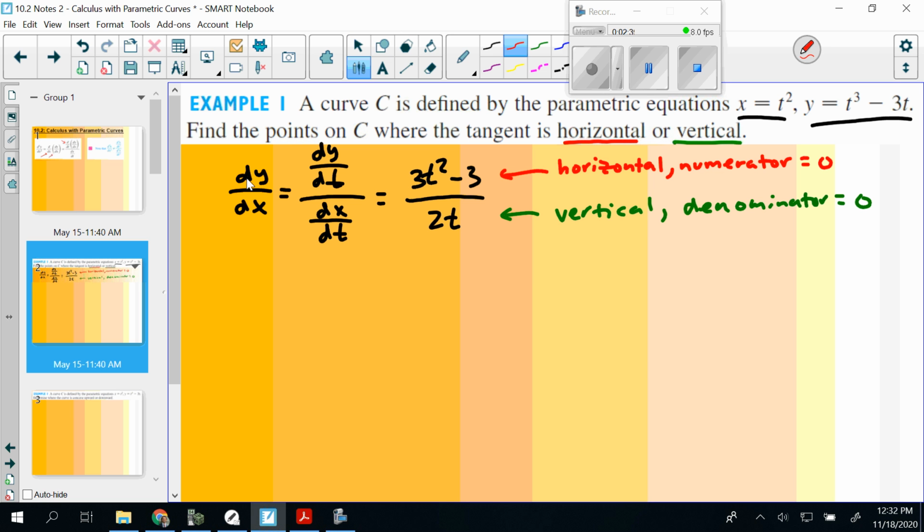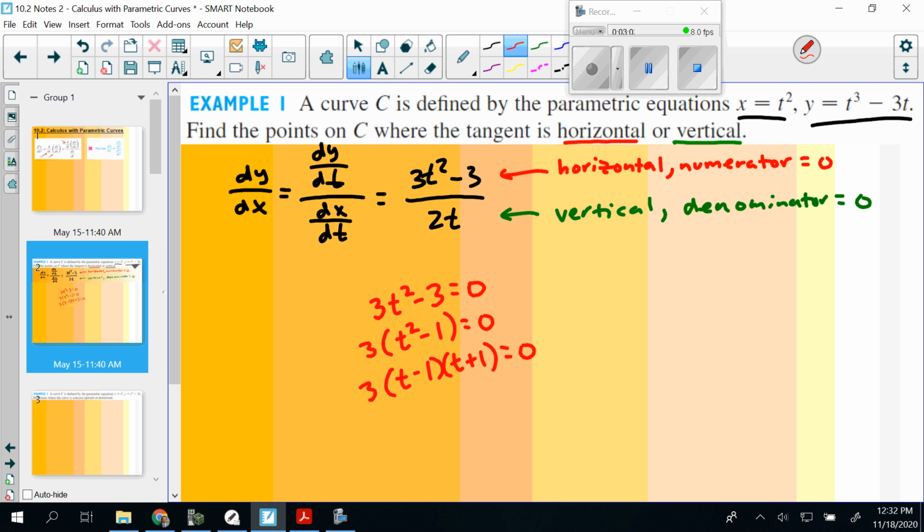We'll start with the horizontal ones here. If we have 3t squared minus 3 equal to 0, we can factor a 3 out. Let's actually factor that further: that's t minus 1 times t plus 1.